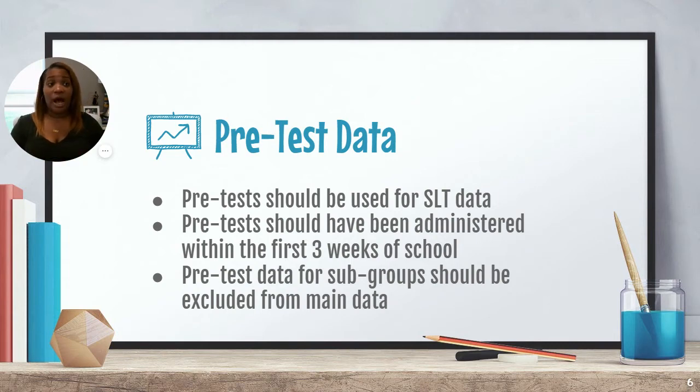So that will be all of your other students besides those ESS kids. That data from ESS should be pulled from the main data, and those should be 2 different groups now. So you should have your data from your main group and your data from your ESS students, and you'll use that to drive your instruction and write your SLTs.